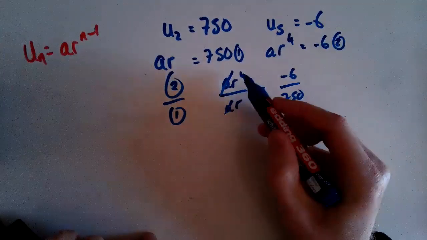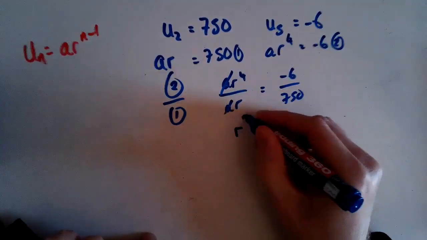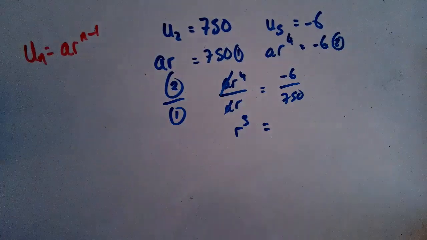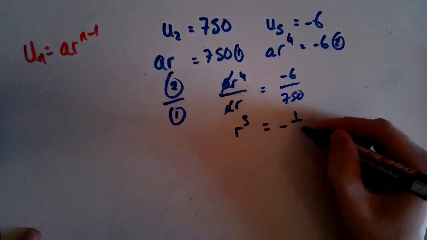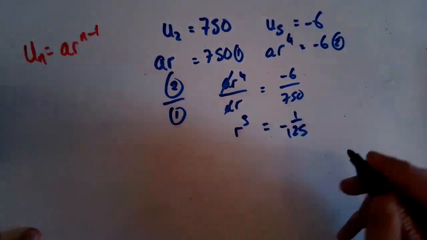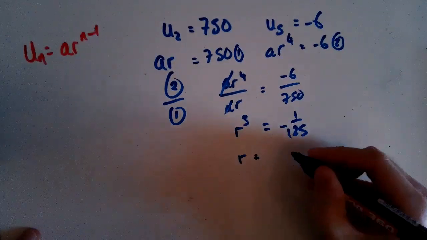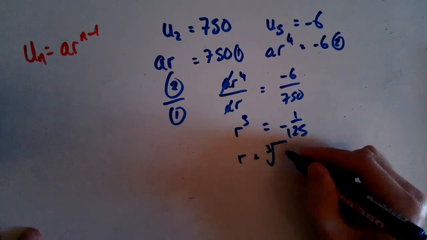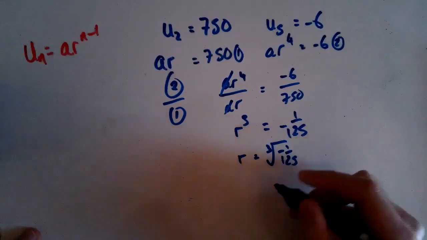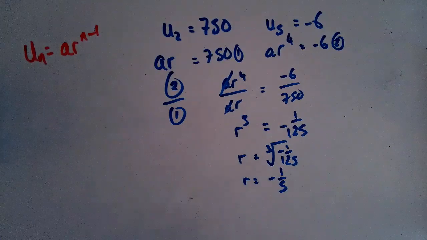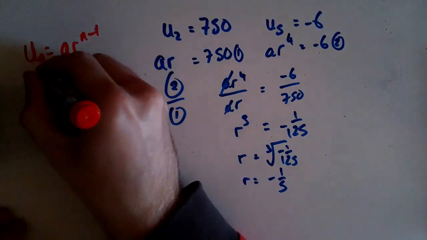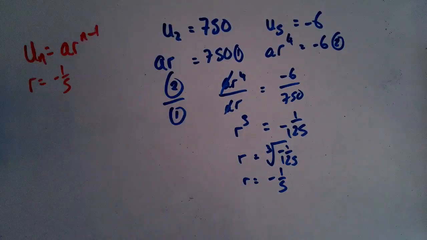The a's cancel out. r to the 4 divided by r gives me r cubed. -6 divided by 750 gives us -1/125. So then cube root it. So r is -1/5. Okay, I'm just going to leave that for the next part.